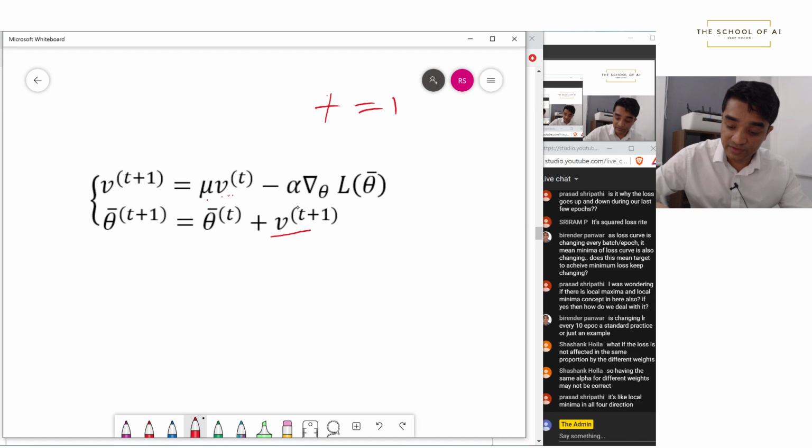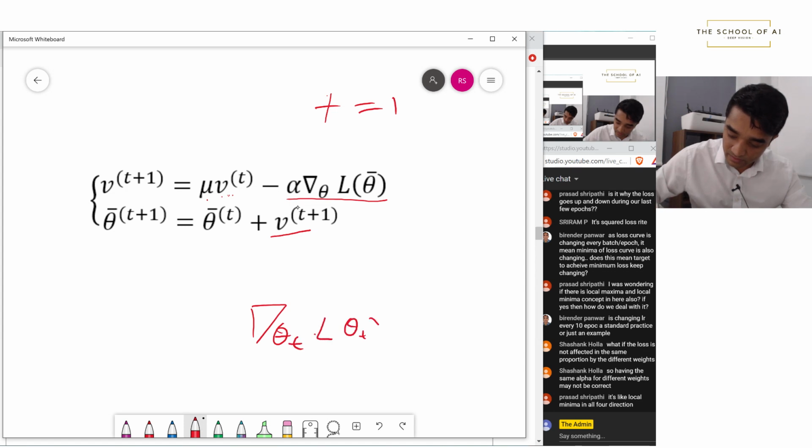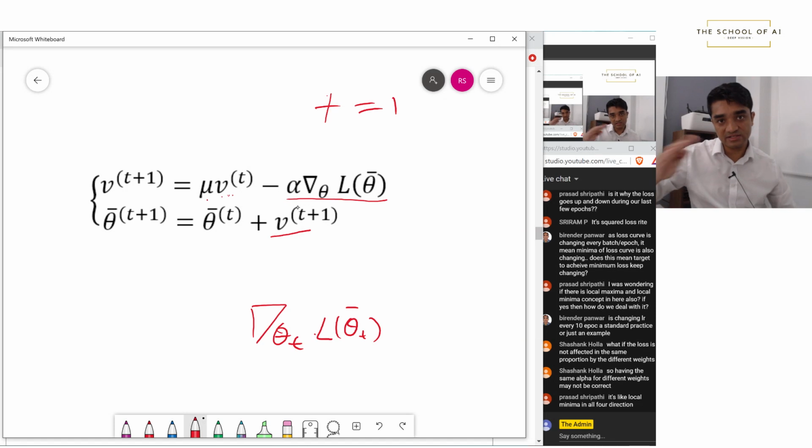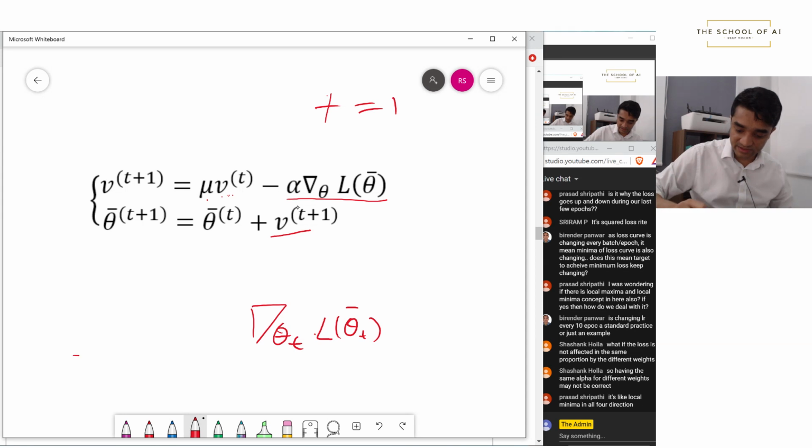And what is v t? v t was the last update we had, so v t is going to be the gradient of the L theta, the last update we had. So what is actually happening is, this is v t and this is v t plus 1, so we are updating theta t plus 1 considering the last update also, and we have this mu also. Okay, so let's see the equation.